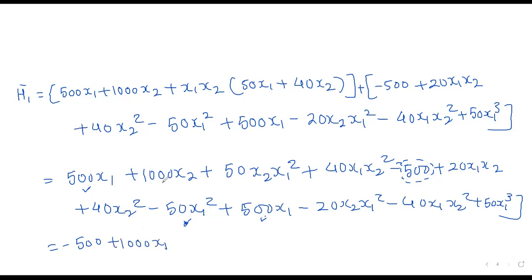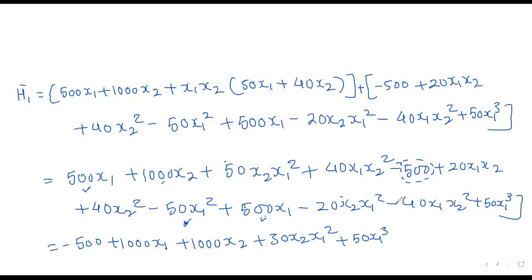Now same with x2, the rest we don't have x2, so it's 1000 x2. Then x2 x1 square. So this is the 50 x2 x1 square. Will anyone have an x2 x1 square? Yes, this one with x2 square. So 50 minus 20, so 30 x2 x1 square. Now anyone having a cube? We have only one cube, so we have 50 x1 cube.